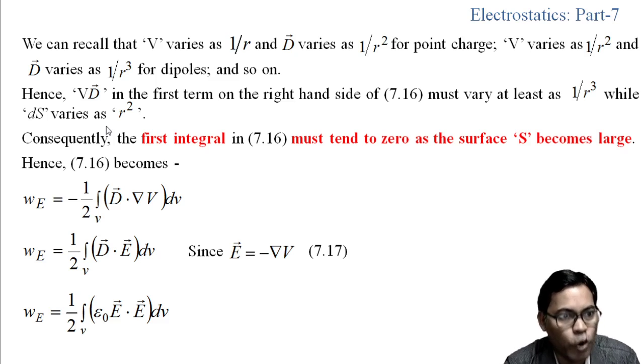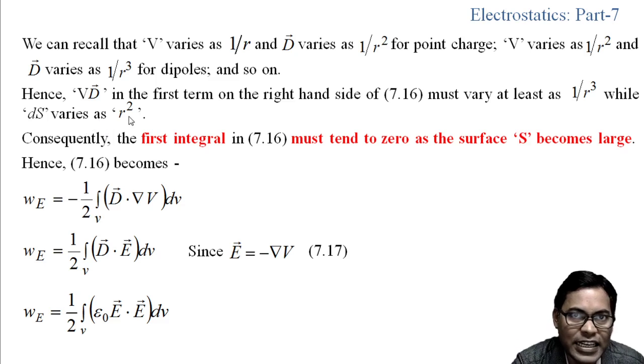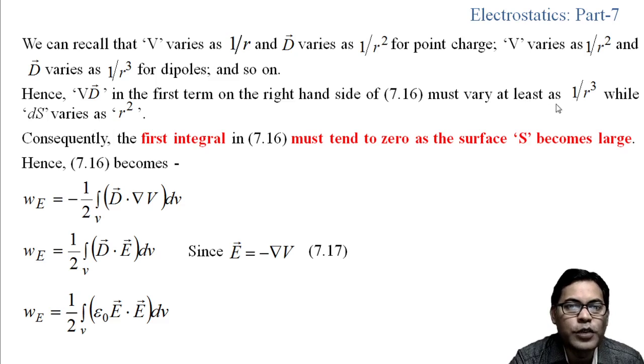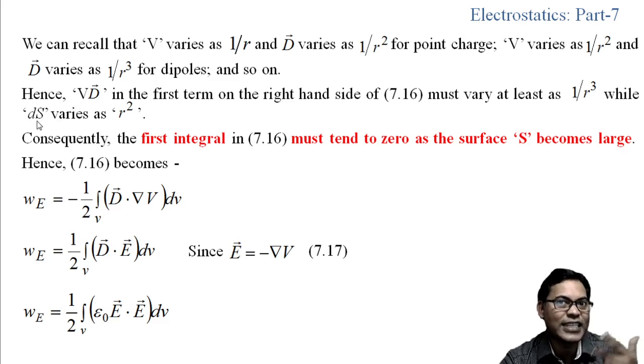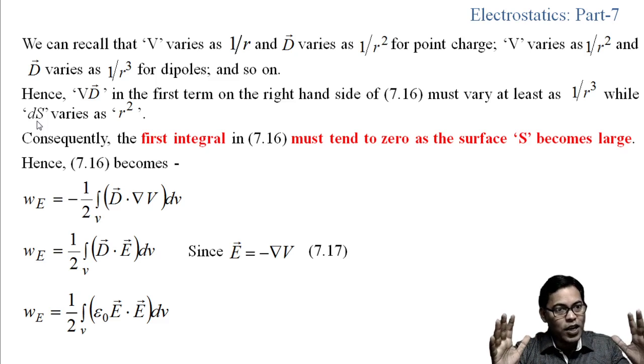As the surface area of the sphere is increasing, r square is increasing. Similarly, 1 by r cube means VD is decreasing. So as dS is increasing as r square, VD is decreasing by 1 by r cube.